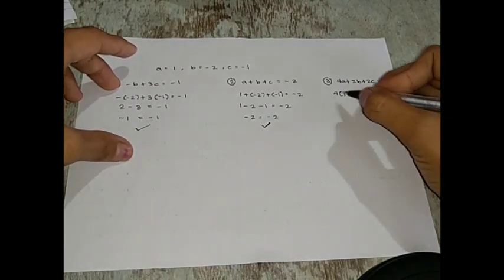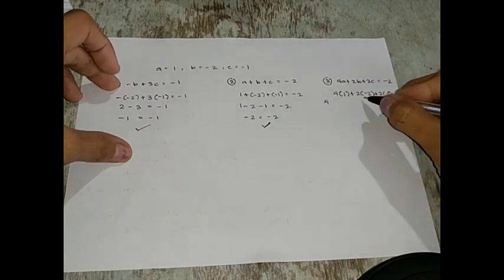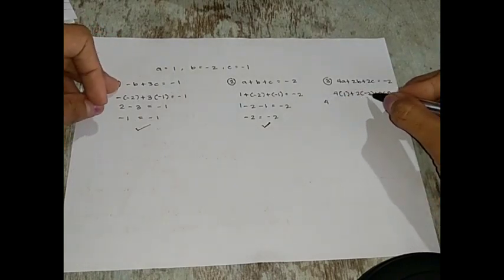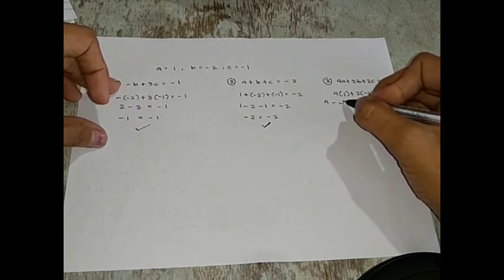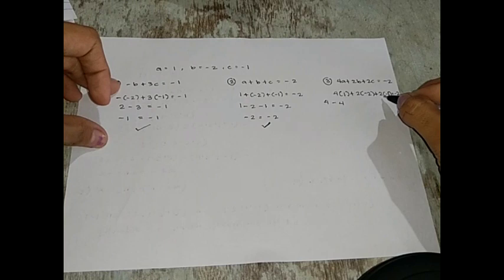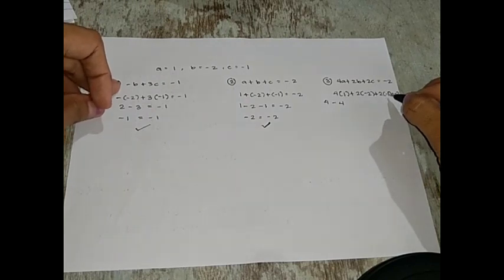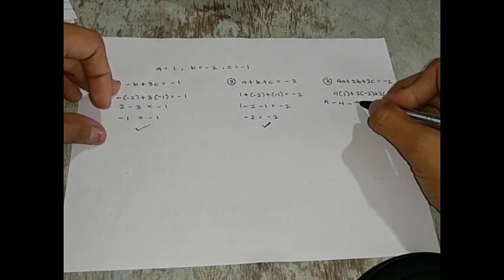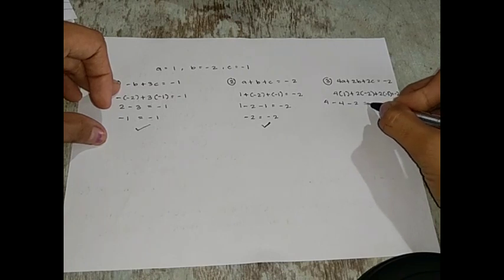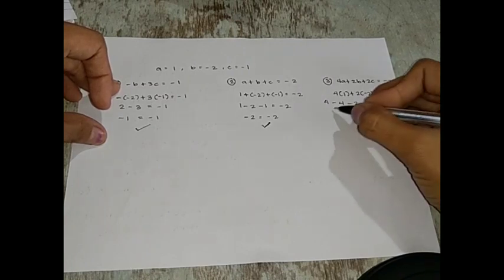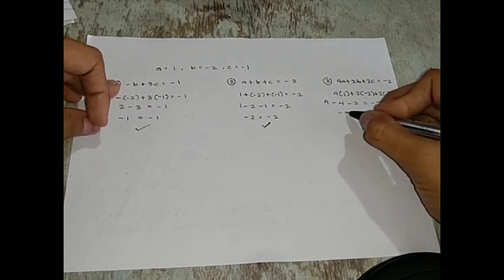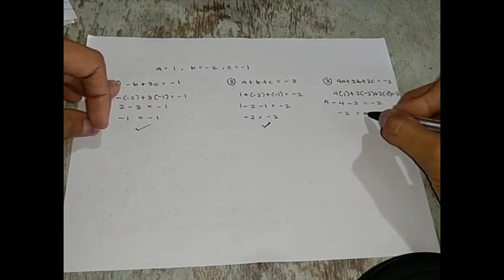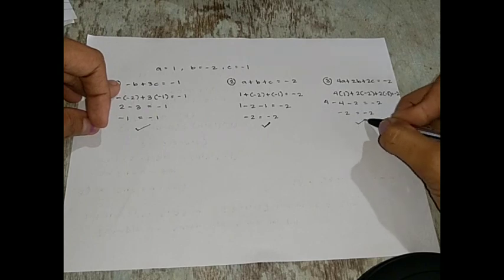Then 4 times 1 is equal to 4. 2 times negative 2 is equal to negative 4. Then 2 times negative 1 is equal to negative 2. So 4 minus 4 is equal to 0. Minus 2 is equal to negative 2. Then it is equal.